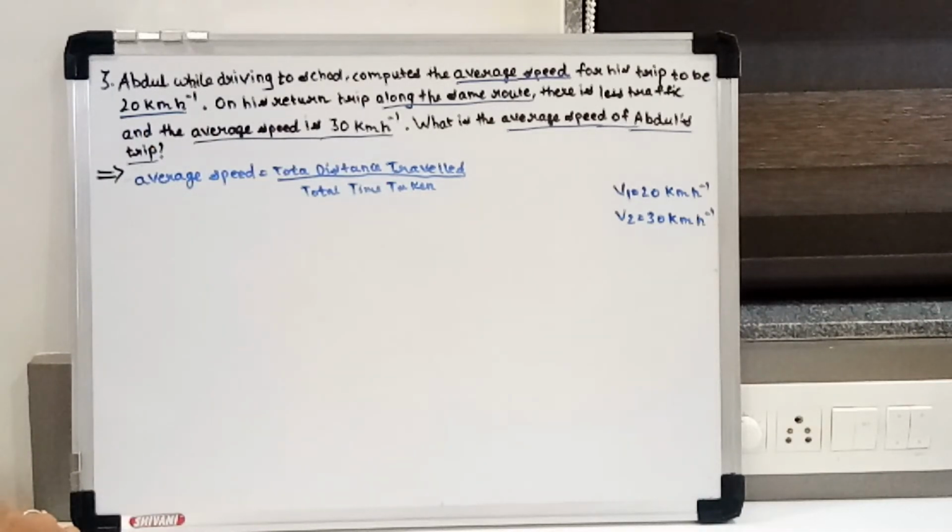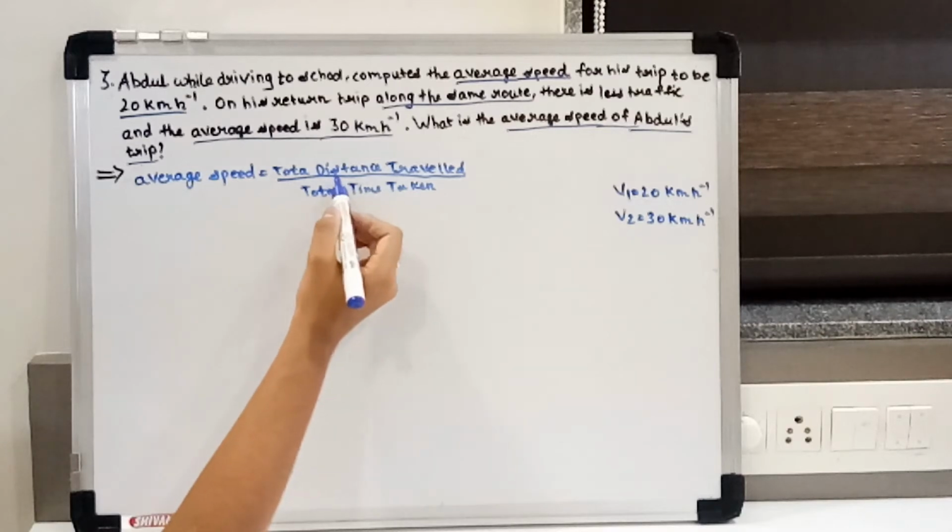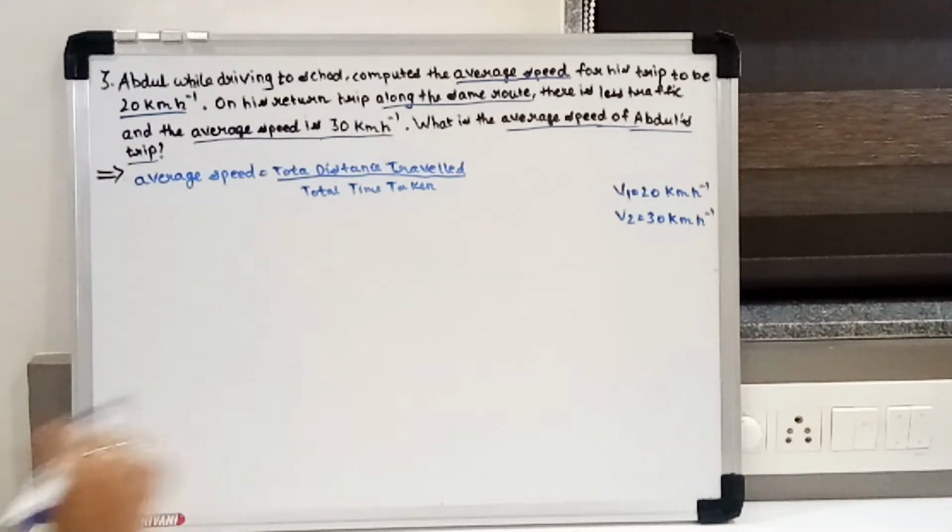This is the general formula to find average speed. But here is one condition, that we don't have the total distance and total time. So now what will we do?